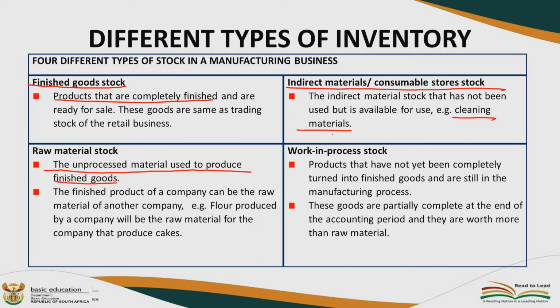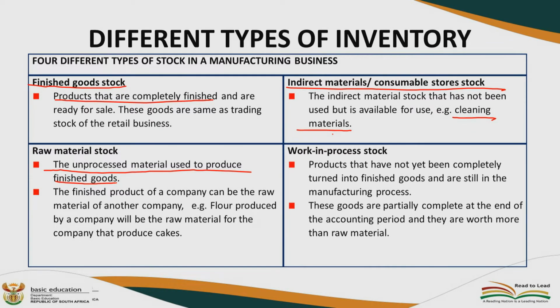All right? And I have a different example here, which relates to cakes. If you are making cakes, then your flour will be your raw material stock. But remember, we are dealing with our dresses. So our material, which we saw in the previous slide, has to do with our raw material stock.